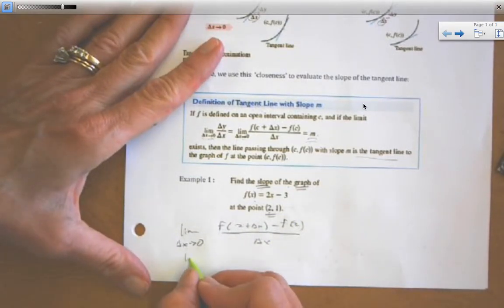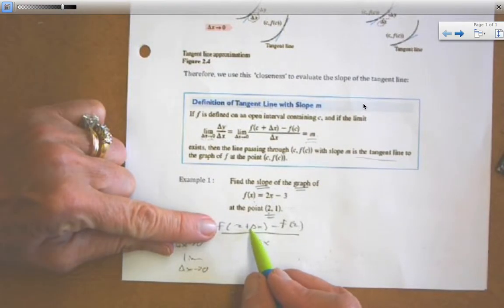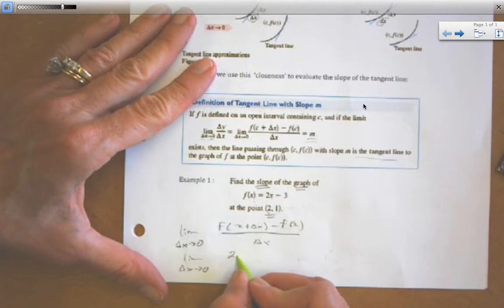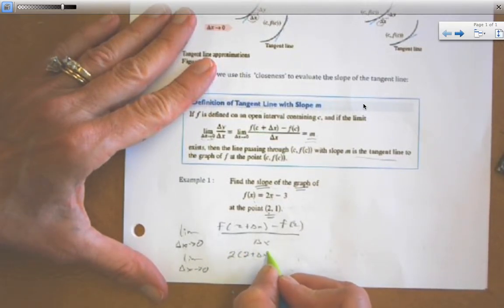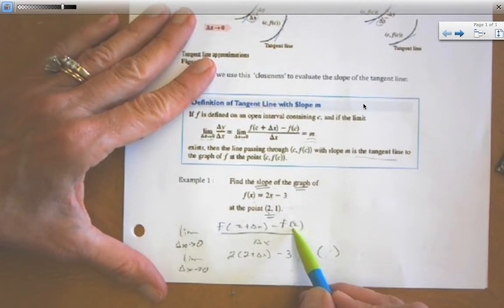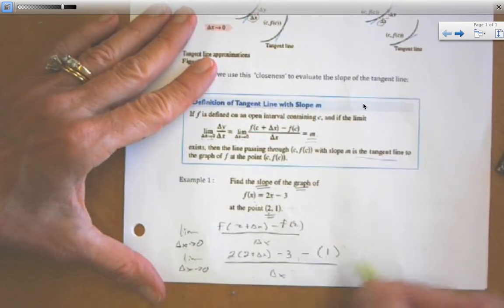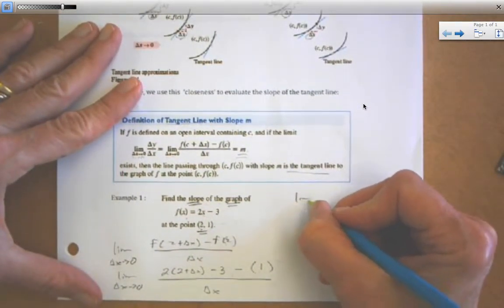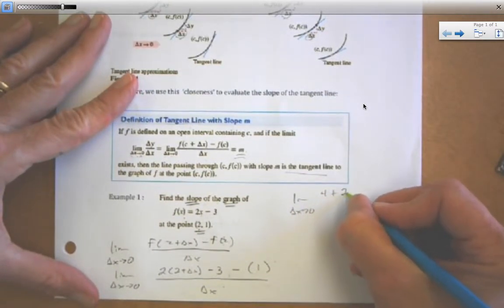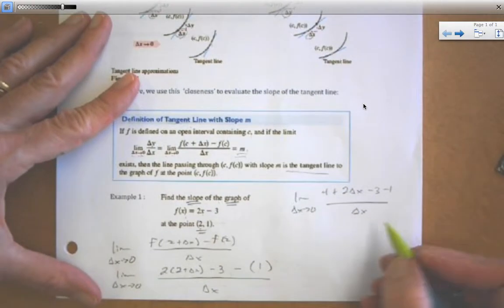And let's plug in, keep your limit notation, don't drop it. So I'm going to plug 2 plus delta x in for x. So that's 2 plus delta x minus 3 minus, and I'm going to go ahead and evaluate f of 2, which will be 1, all over delta x, limit as delta x goes to 0, 4 plus 2 delta x minus 3 minus 1, all over delta x.